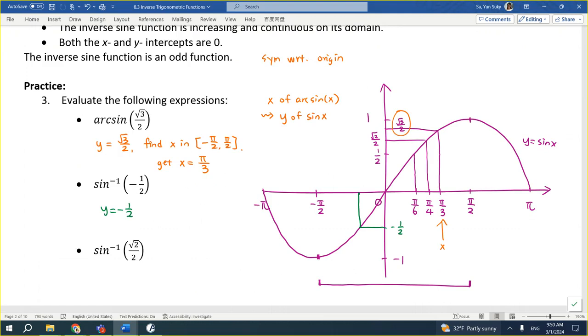Look at this picture. Do you see the picture is very similar to this one? So when y is 1/2, the x is pi over 6. If y is negative 1/2, what's your x? Exactly. So draw your picture bigger. You get negative pi over 6. So you get x is negative pi over 6.